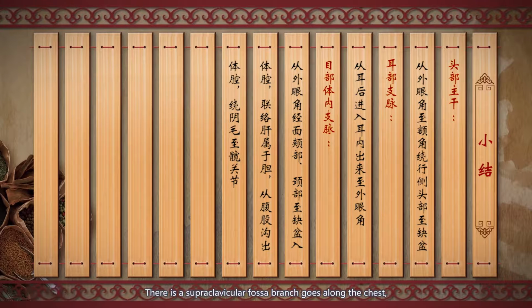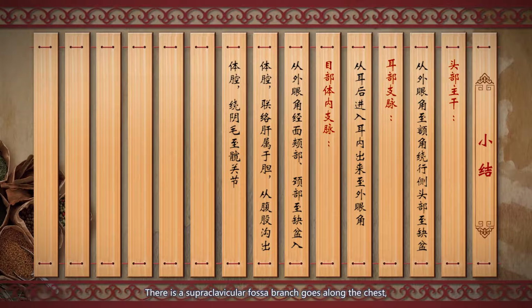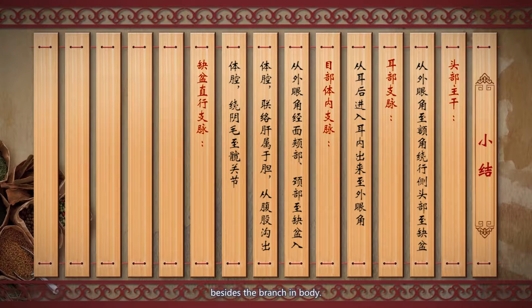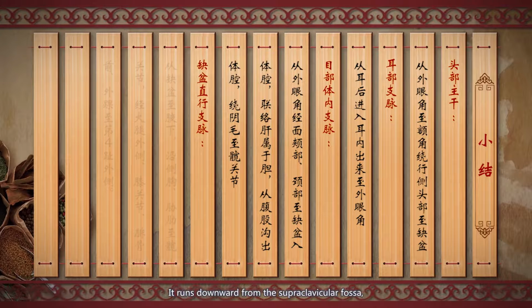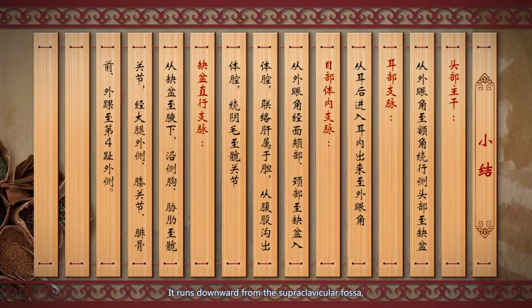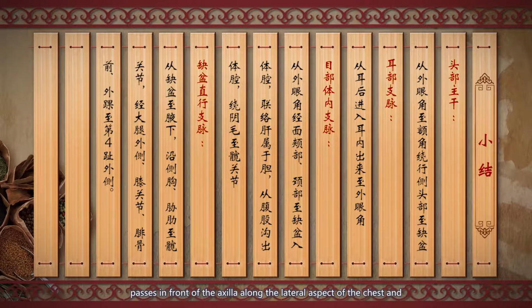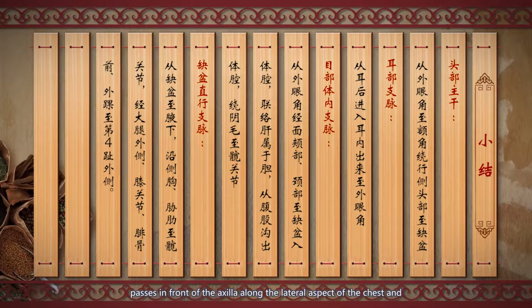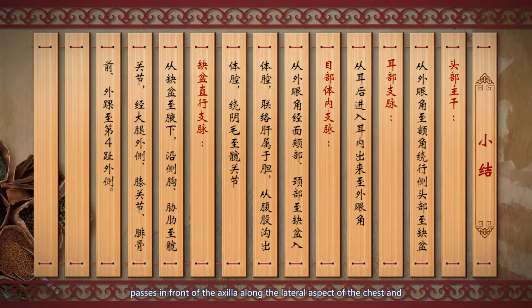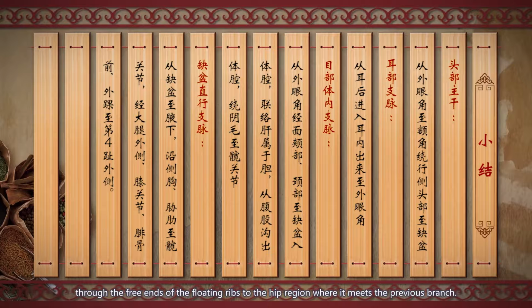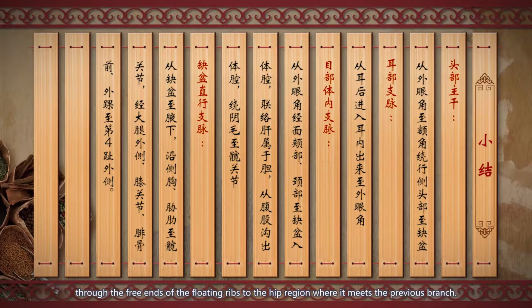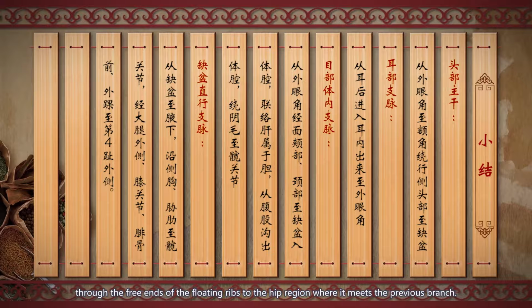There is a supraclavicular fossa branch that goes along the chest. Besides the branch in the body, it runs downward from the supraclavicular fossa, passes in front of the axilla along the lateral aspect of the chest, and through the free end of the floating ribs to the hip region, where it meets the previous branch.